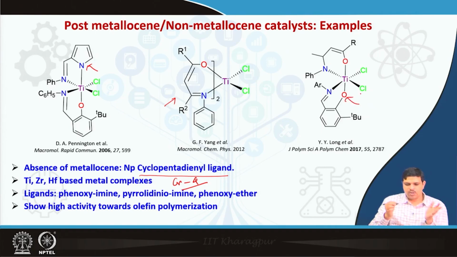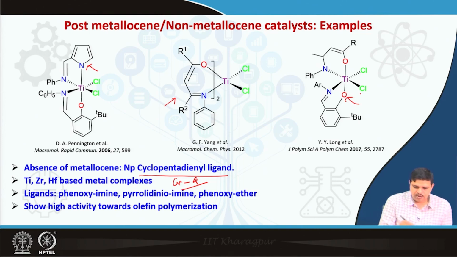Those are the chelating ligands. I am sure you know what chelating is. Chelating is basically multidentate ligands and entropically favored complexes. So you can make the chelate complex very easily using suitable chelating ligands.